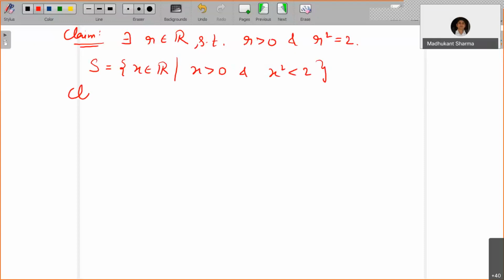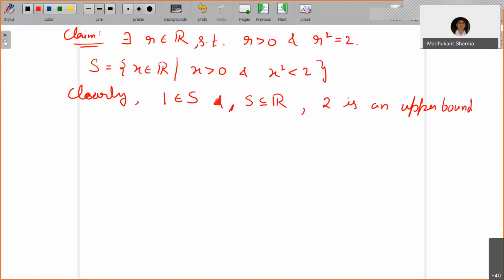Now, clearly 1 belongs to S, since 1 is greater than 0 and 1 square is less than 2. And S is a subset of R, yes, not N. And 2 is an upper bound of S. So S is non-empty, is a subset of the real line and it has an upper bound.